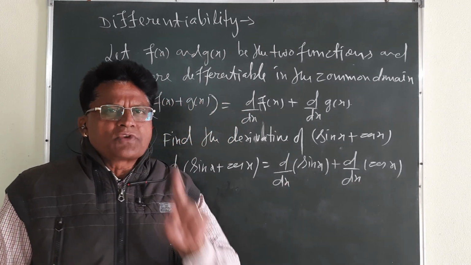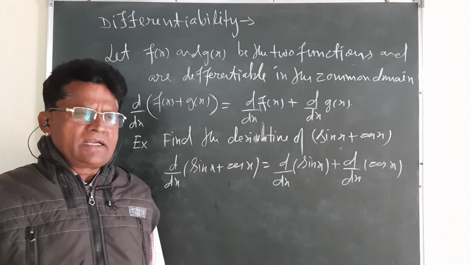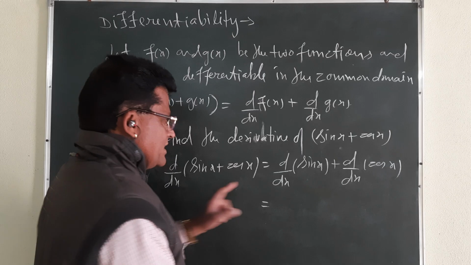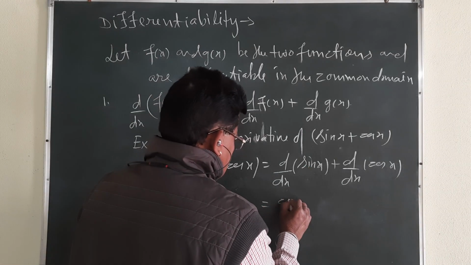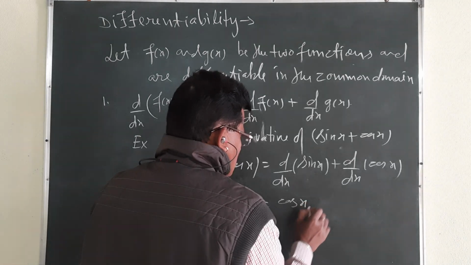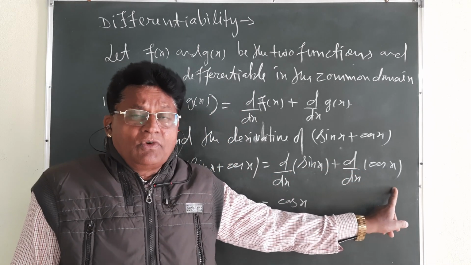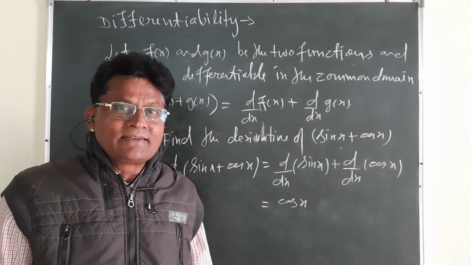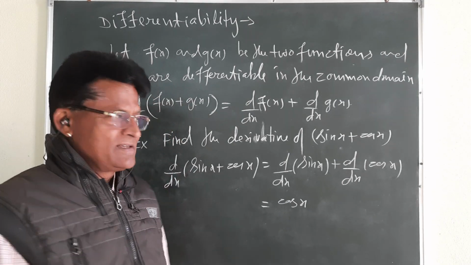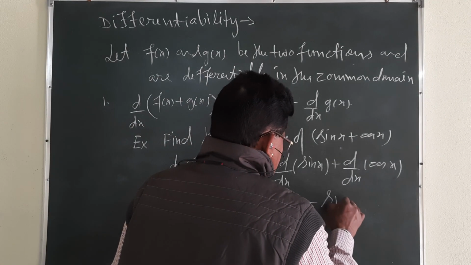Dear student, just to remember, I will tell you a very important thing. You know the derivative of sin x with respect to x will be cos x. And the derivative of cos x with respect to x will be equal to what? Minus sin x.